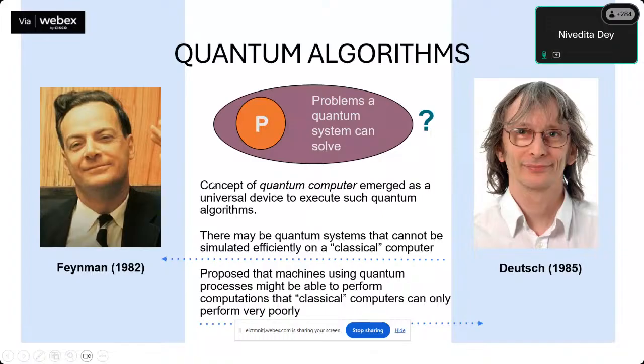So just look into the last line. Machines using quantum processors might be able to perform computations that classical computers can only perform very poorly. Just focus on these words, might be able to.